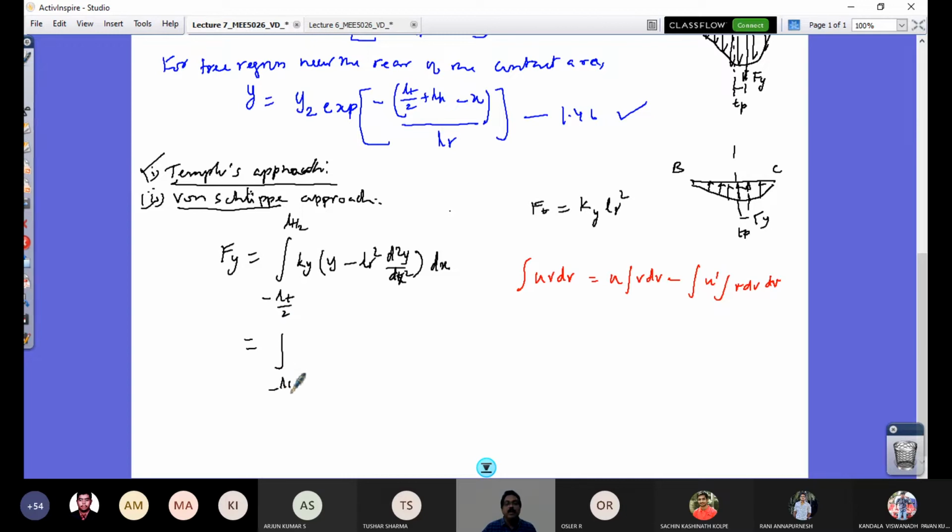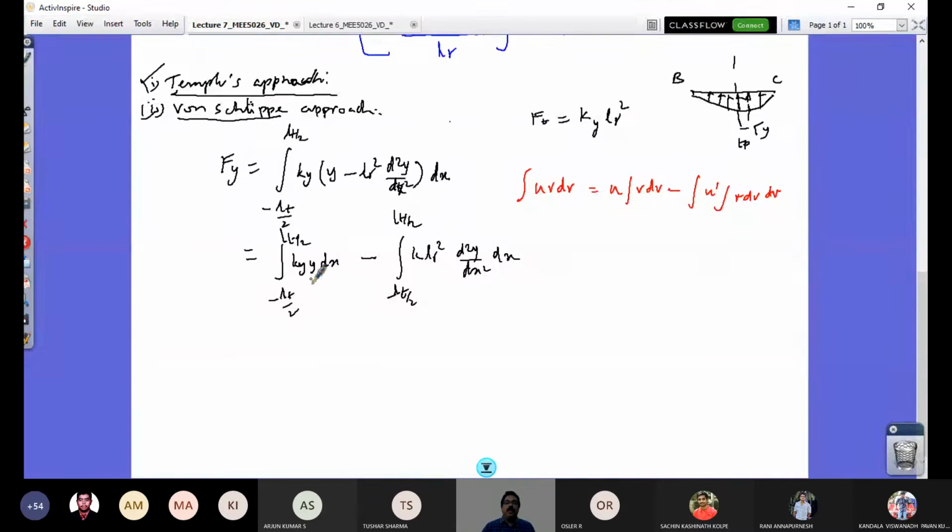So this is the integral from minus LT by 2 to LT by 2 of ky y dx, minus the integral from minus LT by 2 to LT by 2 of k Lr square d squared y by dx squared dx, right? So this you have to do.